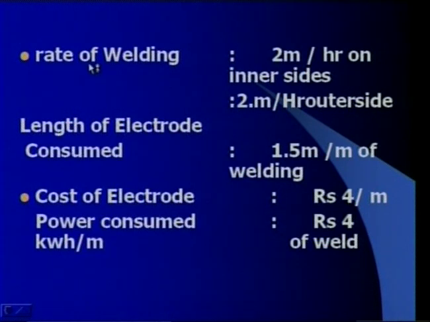Assuming the following data. Rate of welding is 2 meters per hour on inner sides and 2.5 meters per hour on outer sides. Length of the electrodes consumed is 1.5 meters per meter of the welding. Cost of the electrodes is 4 rupees per meter. Power consumed is 4 kilowatt hours per meter of the weld.